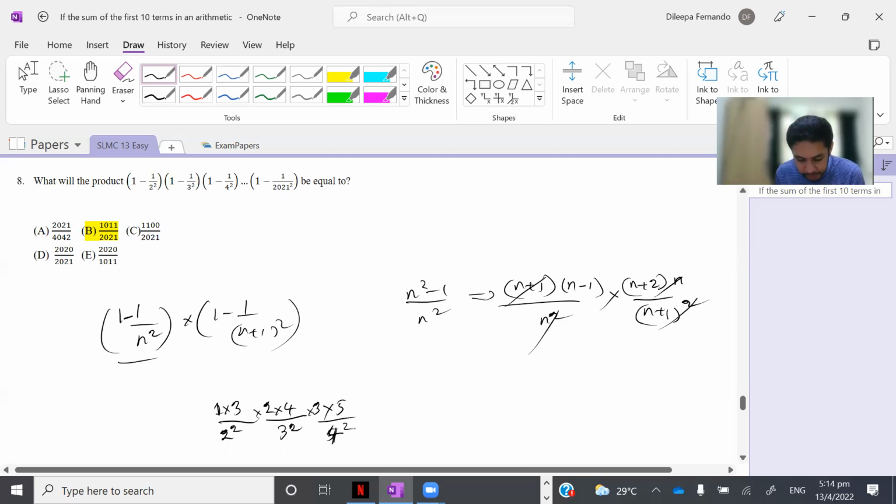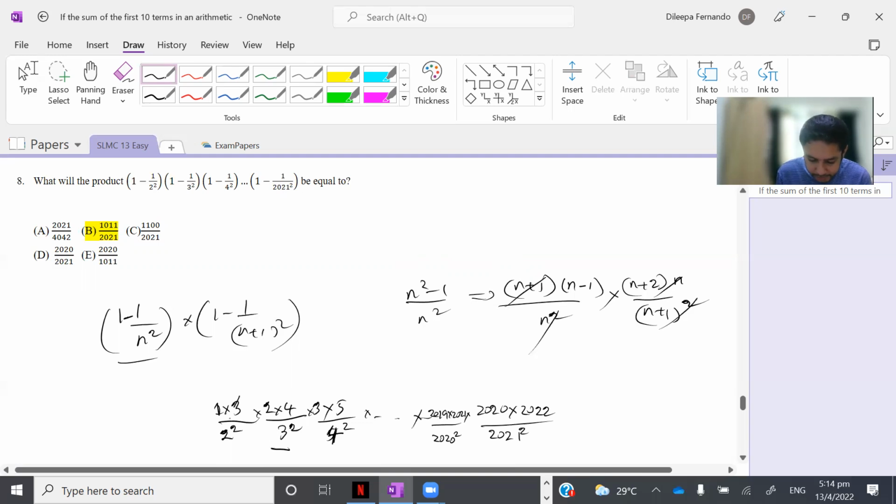And you can write the last terms as well: 2021 squared, and 2020, 2022. Before that, 2020 squared, 2019, 2021. Now let's just consider the 3 squared.